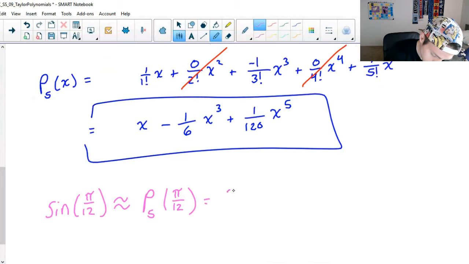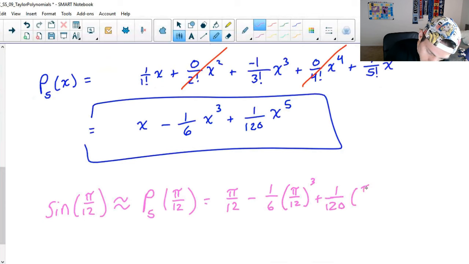Right, so that would be pi over 12 minus 1/6 times pi over 12 cubed plus 1/120th times pi over 12 to the 5th.